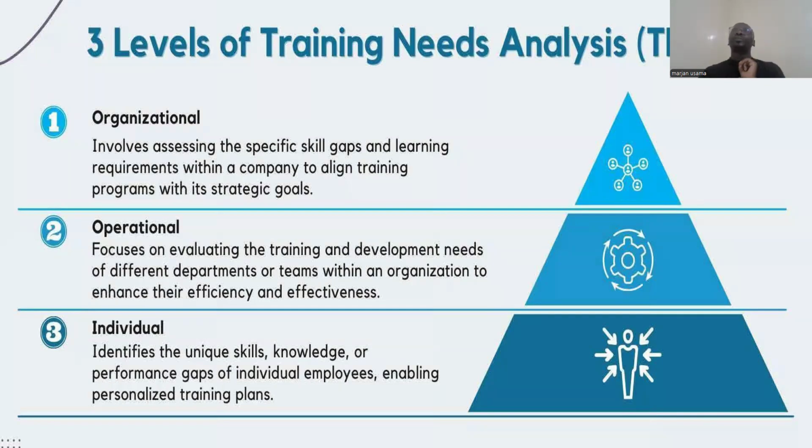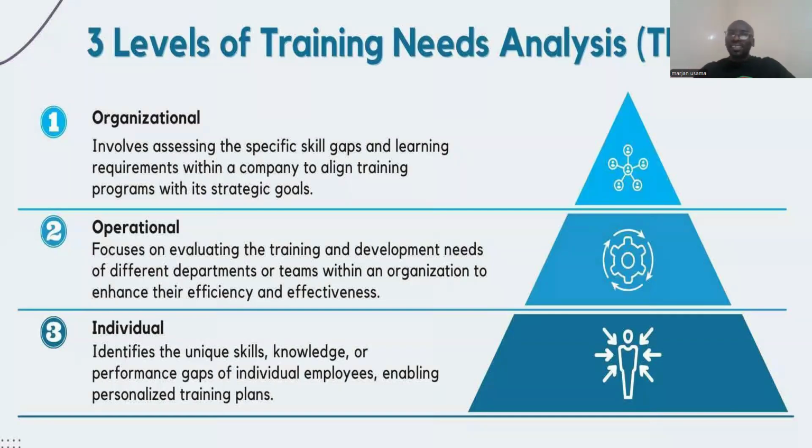Okay, number two is operational. It focuses on evaluating the training and development needs of different departments. For example, if our case is Alpha University, the organization is all the departments at Alpha University, all the faculties. They need one kind of training that is going to help Alpha. But operational is very different. The faculty of business administration, maybe their training needs are different.